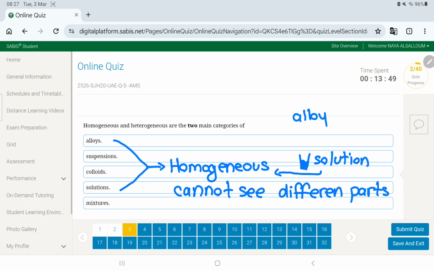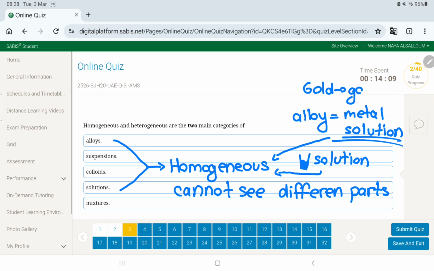An alloy is a metal solution. Right? So solution is homogeneous. Because guys, did you know that gold is actually made of gold and silver mixed together? Or copper, I think, but gold and silver most of the time. But did you see the silver? No, you didn't. This is why alloys are homogeneous.